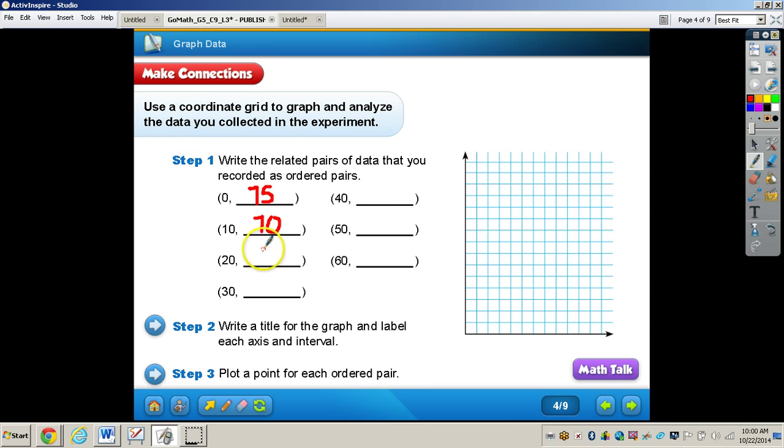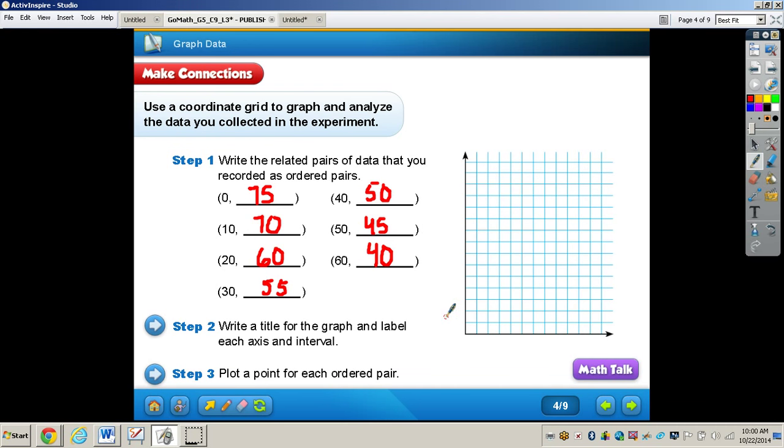And we'll continue to fill in our data. 20 seconds it was 60 degrees. 30 seconds, 55 degrees. 40 seconds, 50 degrees. 50 seconds, 45, and then 60 seconds you can see 40 degrees. Now those are the ordered pairs that we're going to graph on our coordinate grid.